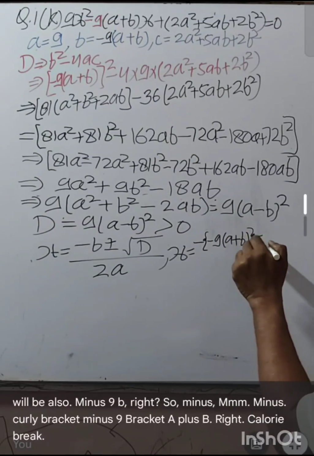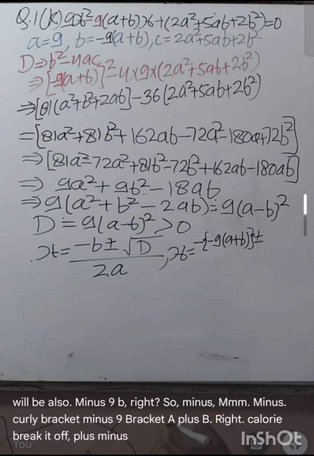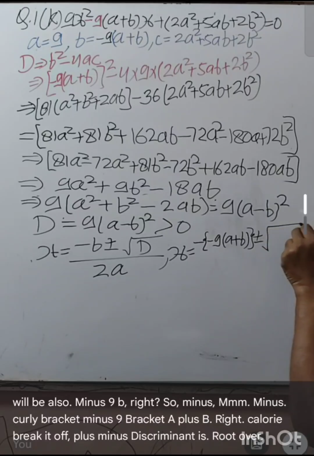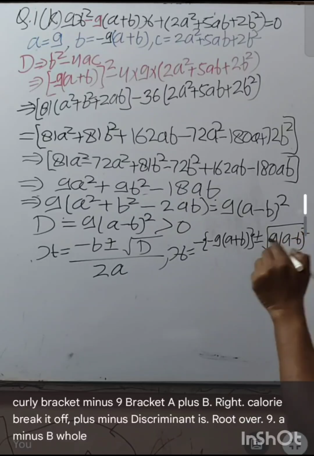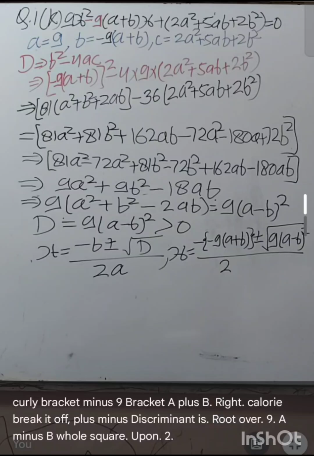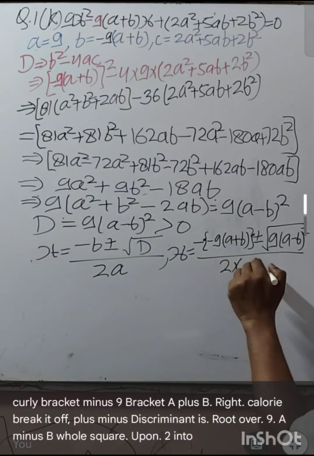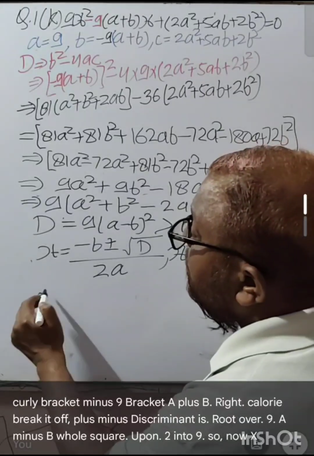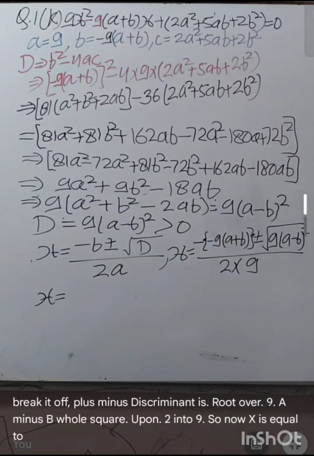Curly bracket of plus minus discriminant is root over 9 (a minus b) whole square upon 2 into 9. So now x is equal to how much?